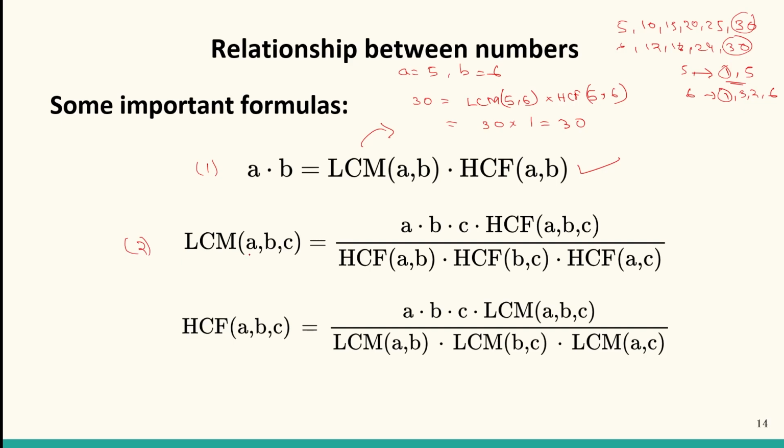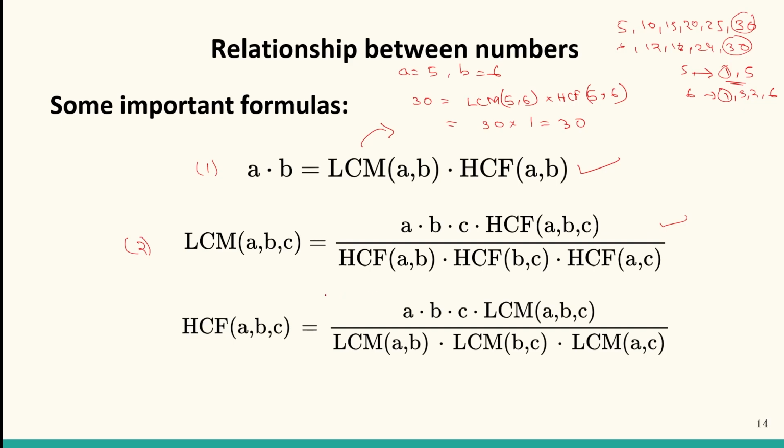So LCM of A, B, C is equal to A into B into C into HCF of A, B, C, whole by HCF of A, B into HCF of B, C into HCF of A, C. We will see an example of this when we do the exercises.